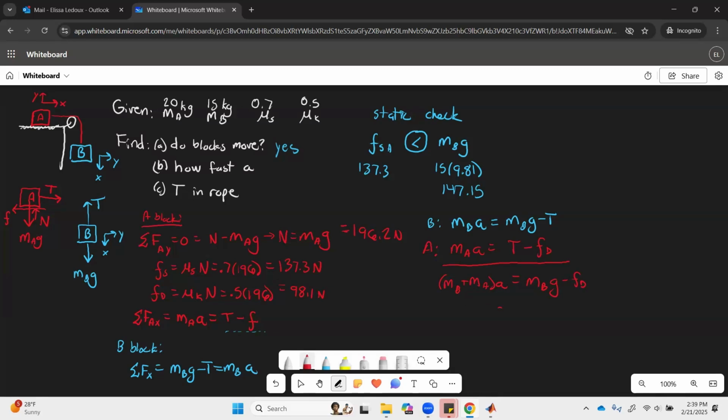And then we rearrange and get a equals mass B times g minus dynamic friction, over the total mass, MA plus MB.